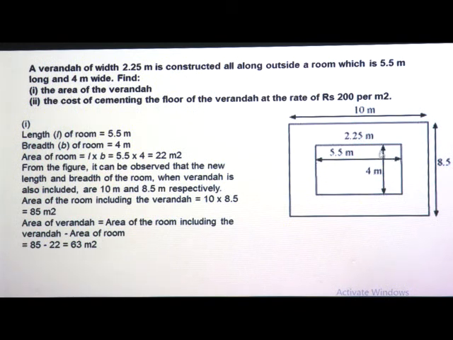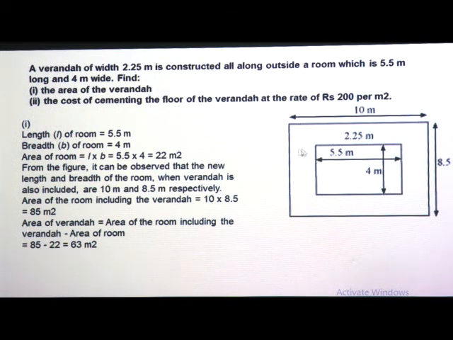This is the room whose length is given to us as 5.5 meter, and this is the width which is 4 meter. Now, we have to construct this veranda, whose width is given as 2.25 meter.